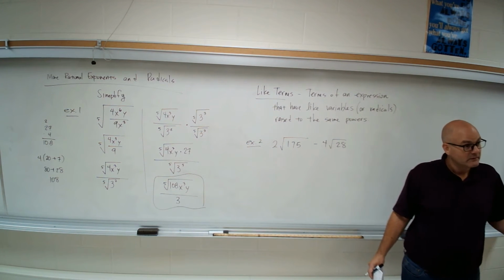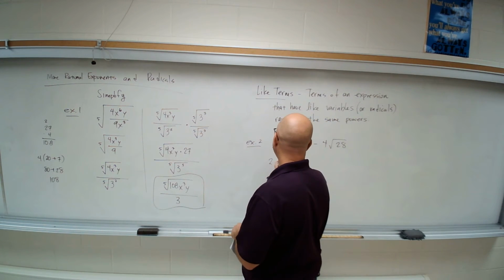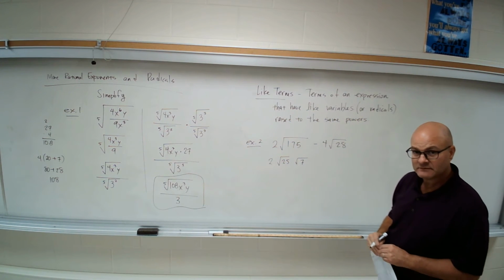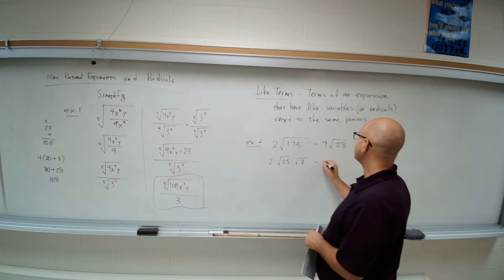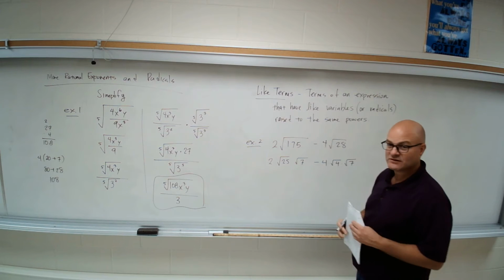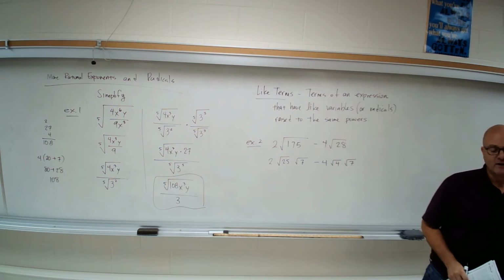That's 4, right? So again, we want to rewrite this as 2 times the square root of 25 times the square root of 7 minus 4 times the square root of 4 times the square root of 7. So I took each of these numbers and broke them into factors.